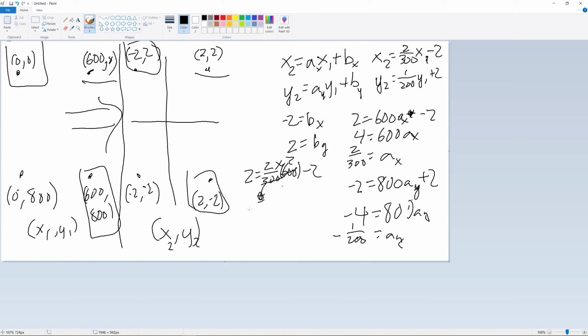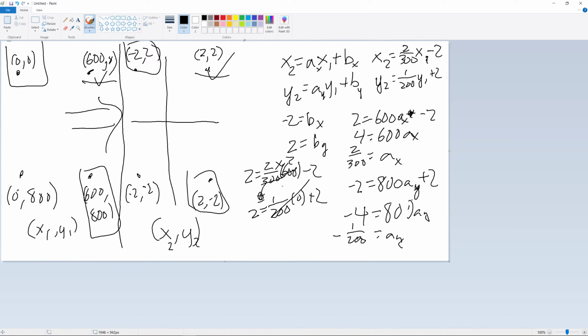So that checks out. Does 2 equal 1 over 200 times y1, which is 0, plus 2? Yes, that does. This is 0, and 2 equals 2. So this coordinate checks out.